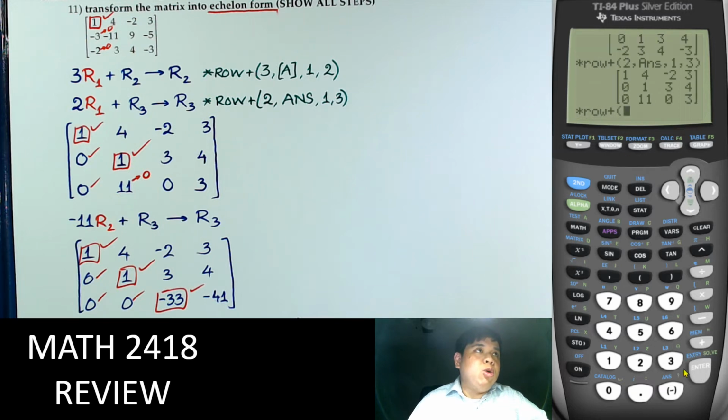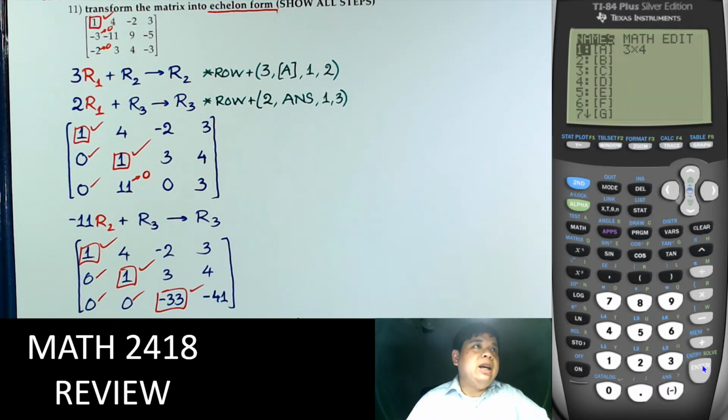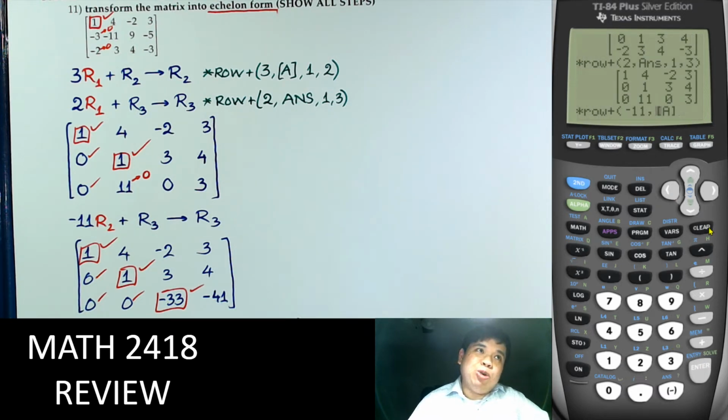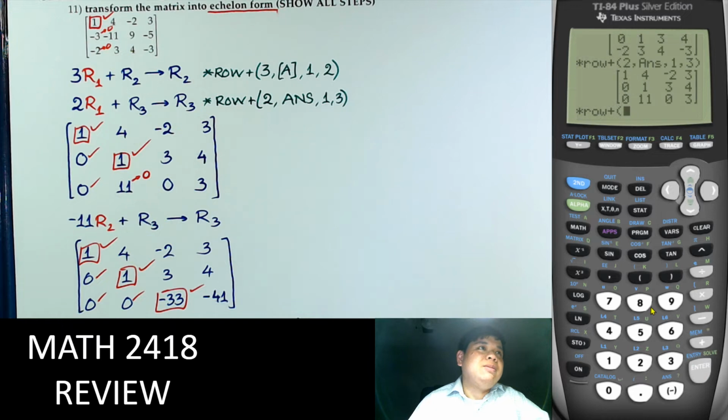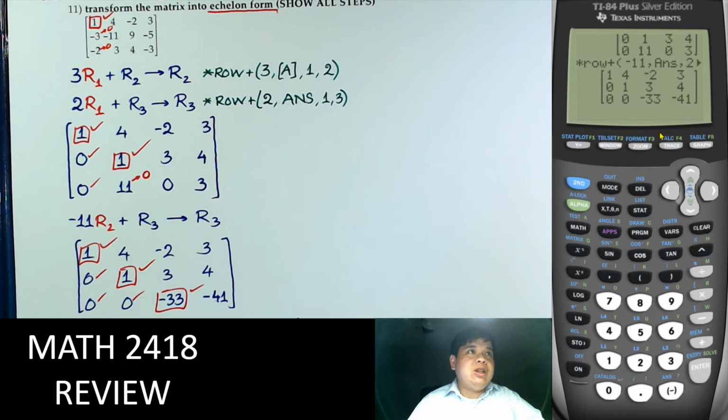So we multiply negative 11 to the matrix A. Remember, don't do that. Negative 11 to the last answer, second answer, multiply to row 2 and add and replace to row 3, right? So this is what we have.